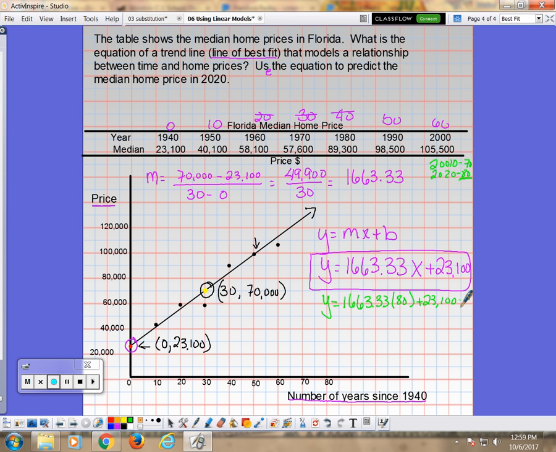So y equals, and this is money, $156,166.40.